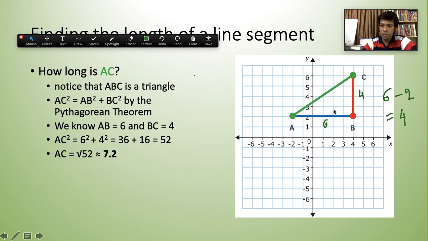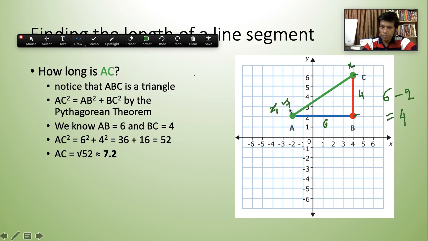Notice that this 4, how do we get this 4? We get this 4 by subtracting 6 minus 2. So let's follow this same trend. We can prove it the other way also.